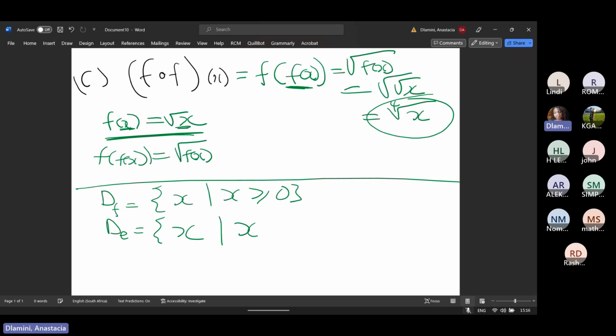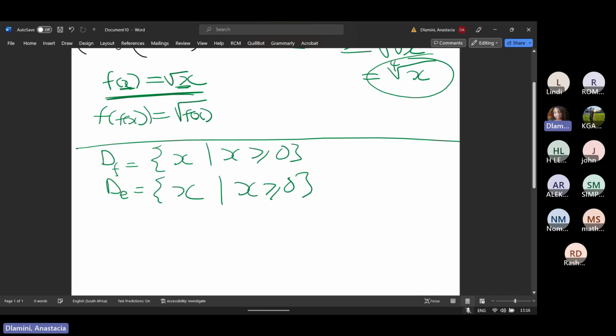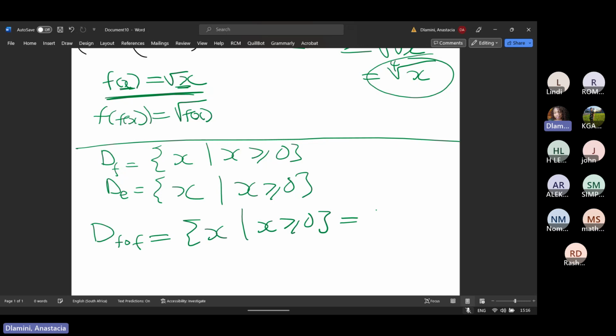Lucky for us, it is also X greater or equal to 0, so it's the same as that one. So the domain of F composite F is equal to X such that X is greater or equal to 0. This means that it's 0 included and positive.